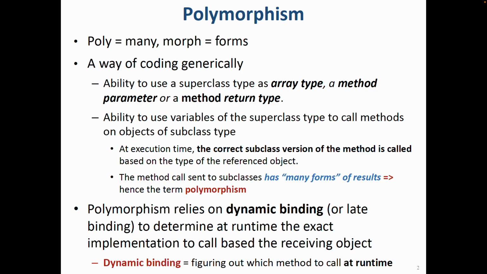Or sometimes we don't know the exact type, like is it a book, is it a cloth, so for those cases we use this polymorphism. It can be an array type, it can be a method parameter, it can also be a method return type.